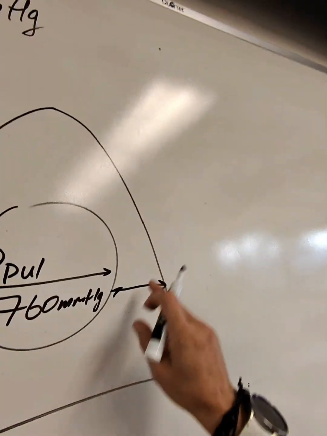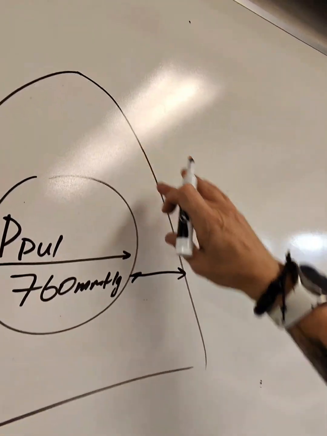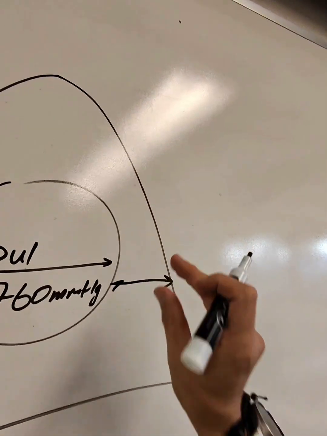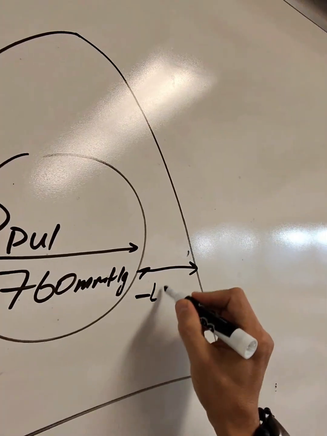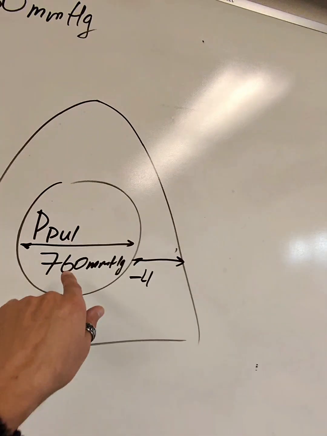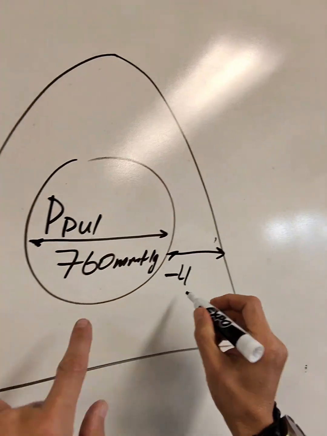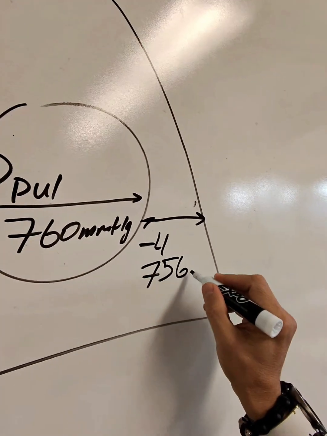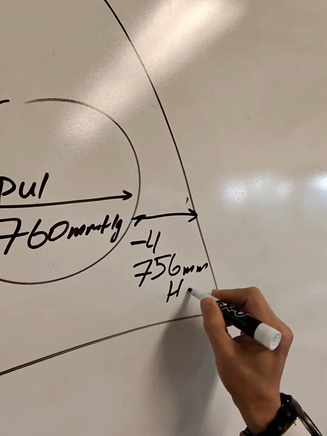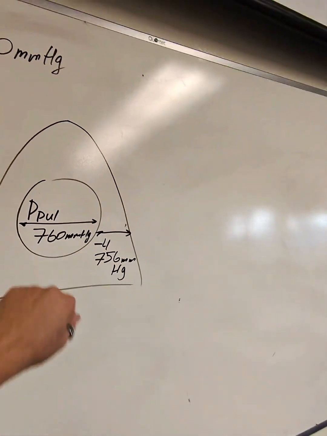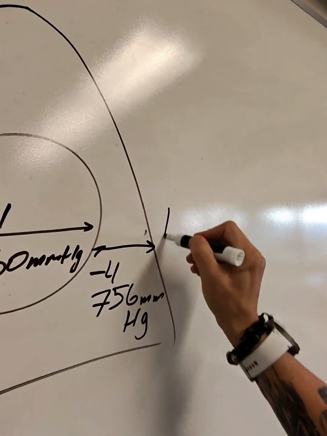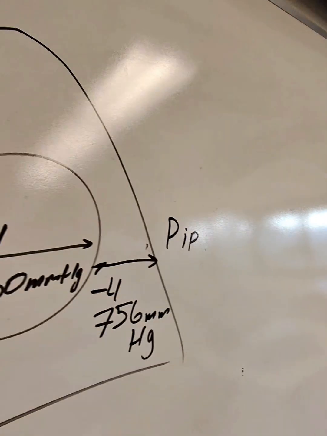So the pressure here in this pleural space, that's a little space here, is -4 compared to what's inside. So in the pleural space it would be 756 millimeters of mercury, -4. And this pressure is called intrapleural pressure.